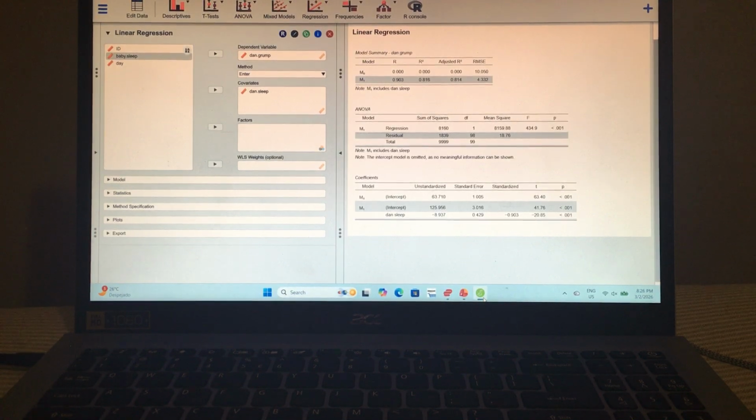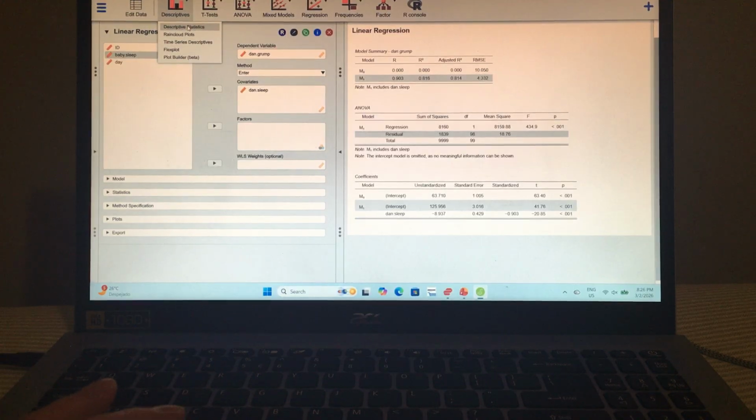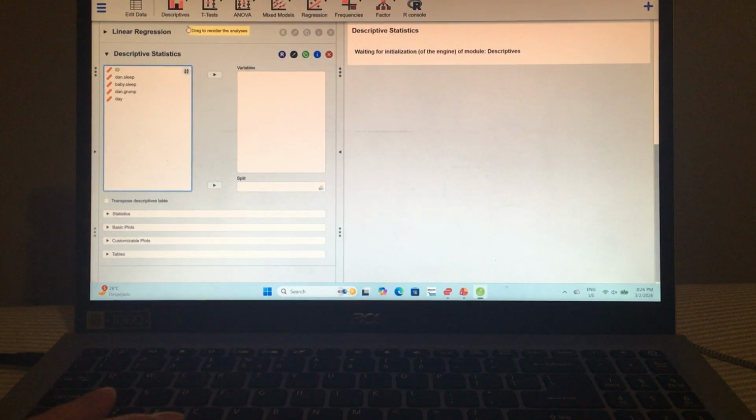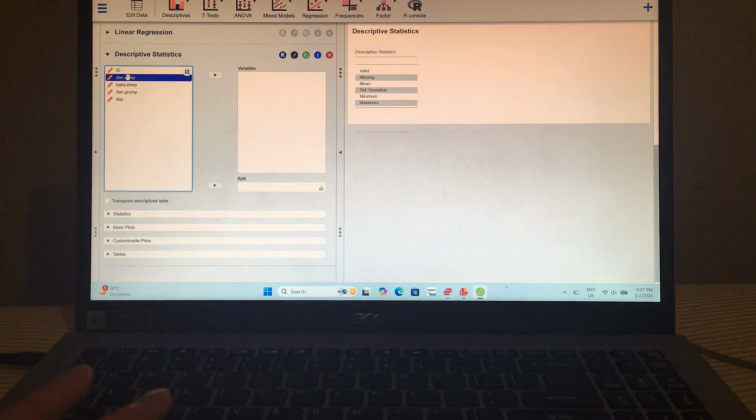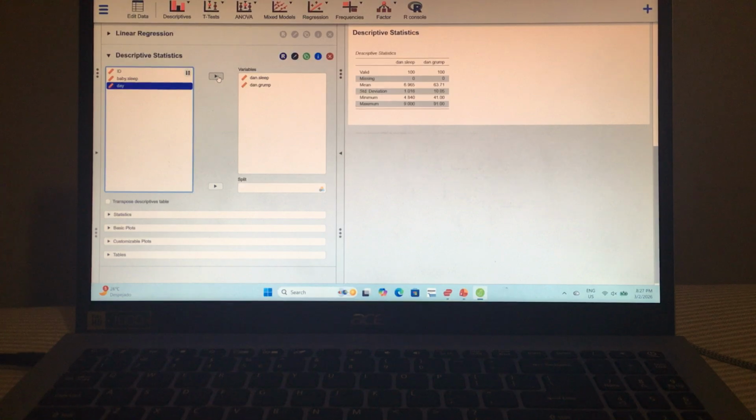So let's follow our description. We're going to go into descriptives. Open up descriptive statistics. Then we're going to move Dan Sleep and Dan Grump into the variables box. We're going to go under customizable plots, and we're going to check scatter plots.